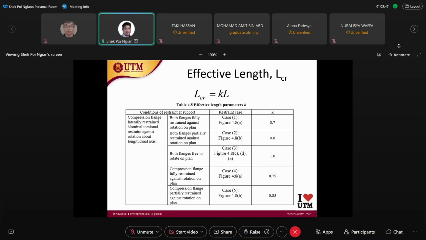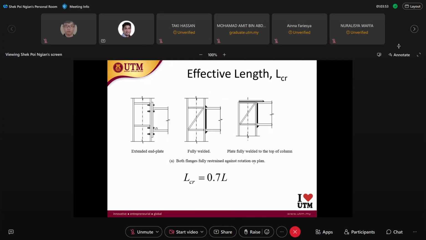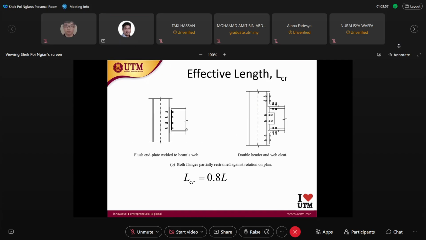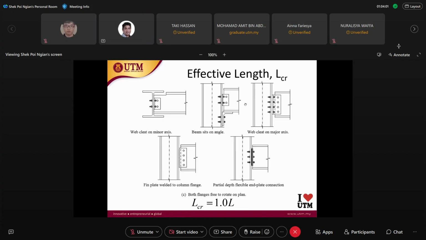And then case 4 and case 5 are considered as semi-rigid. So for rigid connection, we have these examples. For semi-rigid, we have these examples. For pin, we have this example. If your connection is like this, then it is considered a pin connection.